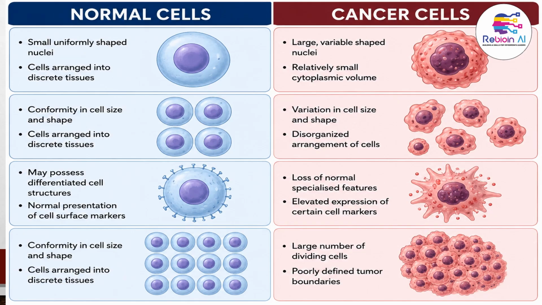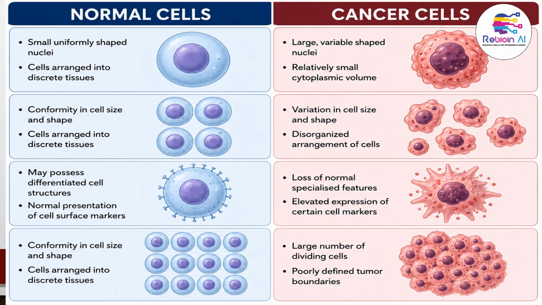This process is called metastasis. Normal cells have a regular shape and organized structure, while cancer cells often have irregular shapes and abnormal nuclei. They also consume more nutrition and energy because they divide very quickly.